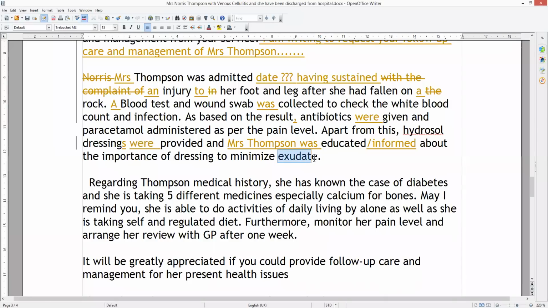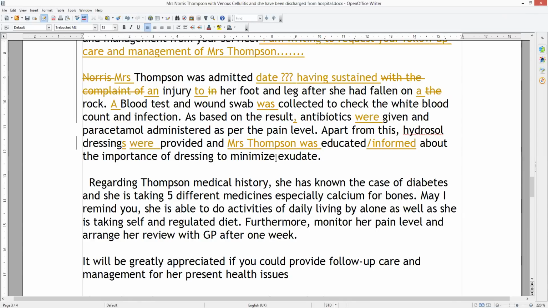Well, exudate looks like a verb. It looks like a bare infinitive. I suppose you mean to exude is a verb. So when some wound emits a liquid, it's exuding. It exudes.